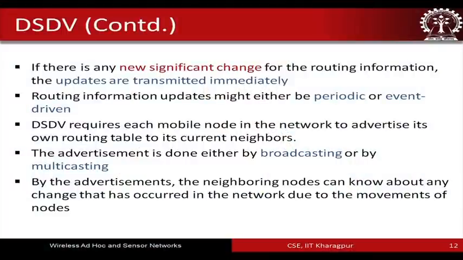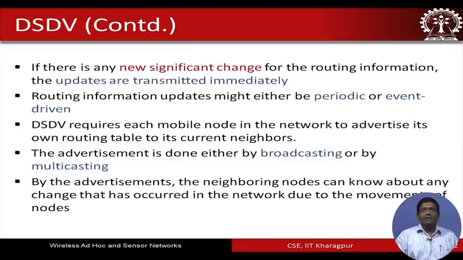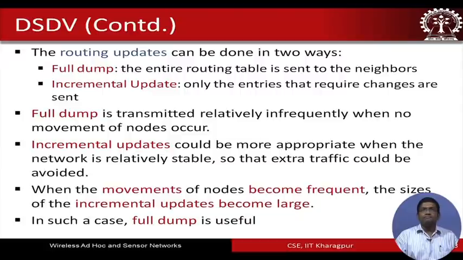This is a very simple, very intuitive mechanism for routing adopted in DSDV. This advertisement is done either by broadcasting or by multicasting, and by the advertisements the neighboring nodes can know about any change that has occurred in the network due to the movement of the nodes. This is quite obvious and I do not need to elaborate on this.